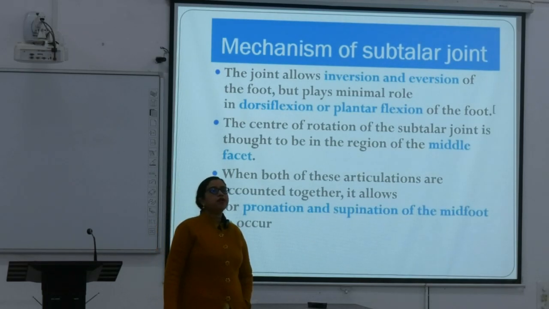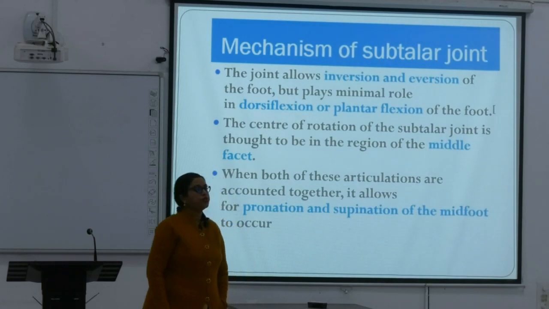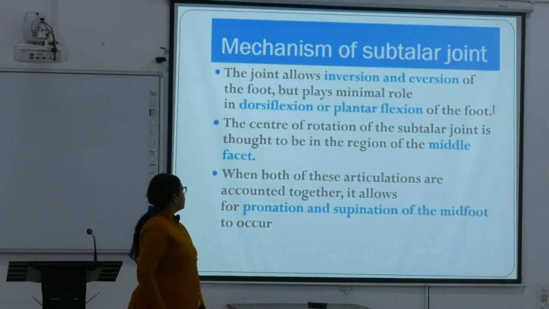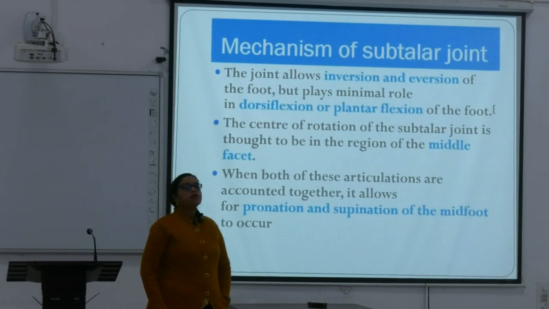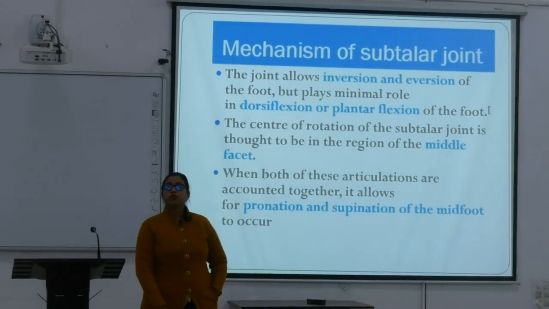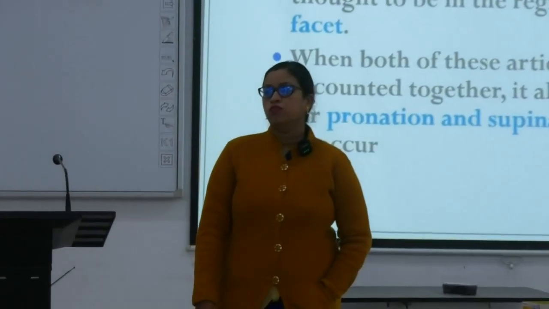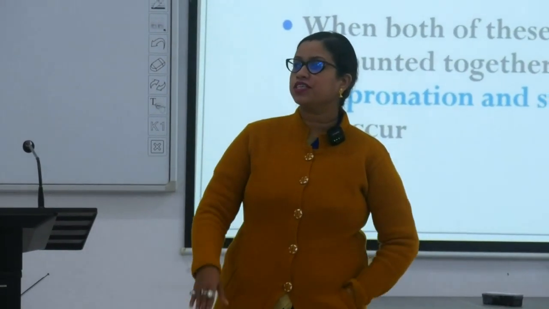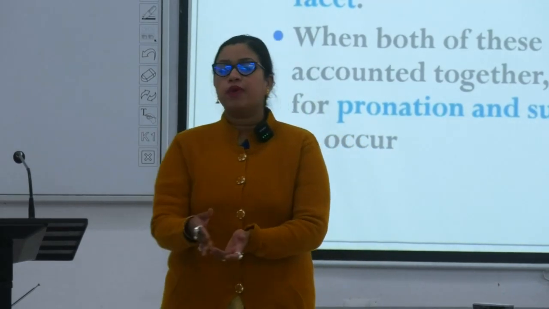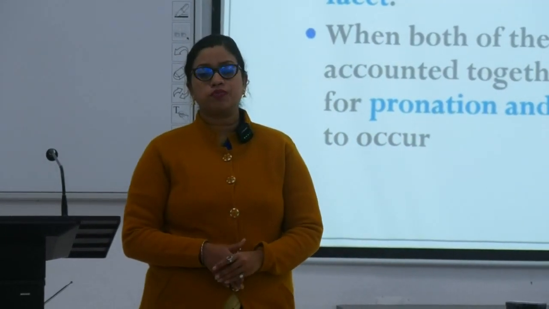We have got anterior, middle and posterior facet. So middle facet is the center of rotation. Okay, so what is supination and pronation of foot? We already know supination and pronation is taking on the upper limb. But what about the supination and pronation of the foot?